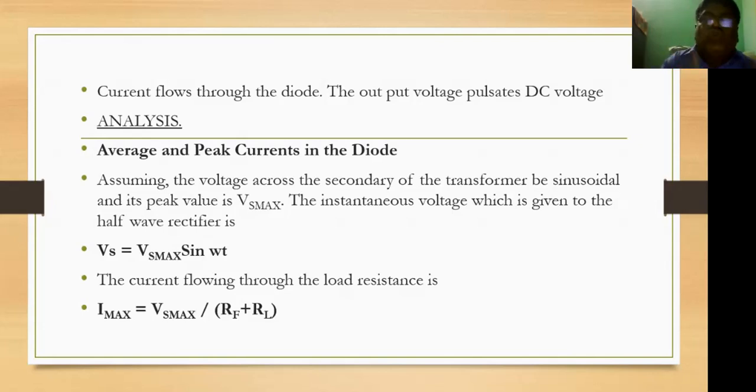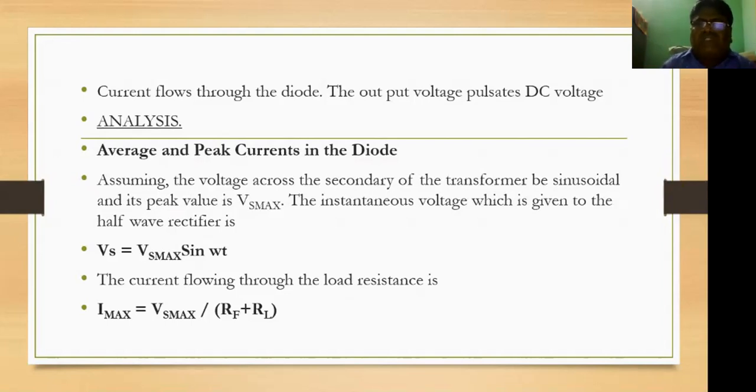Vs means source voltage, that means input voltage. So the current flowing through the load resistance is Imax = Vmax / (Rf + RL). I = V/R according to Ohm's law.